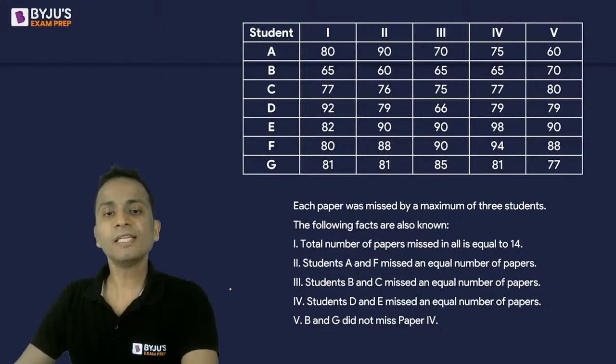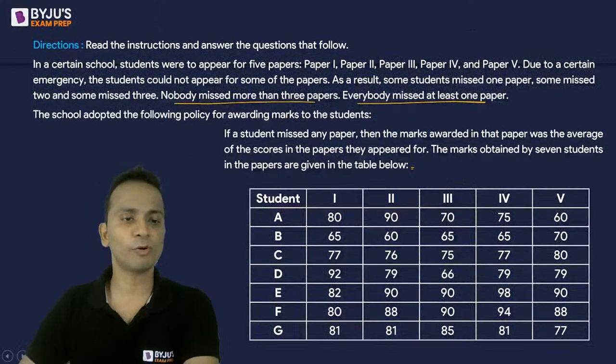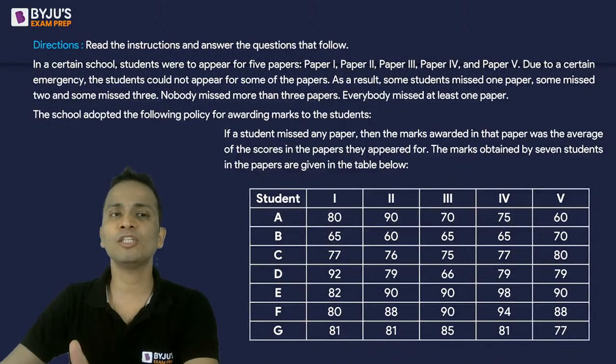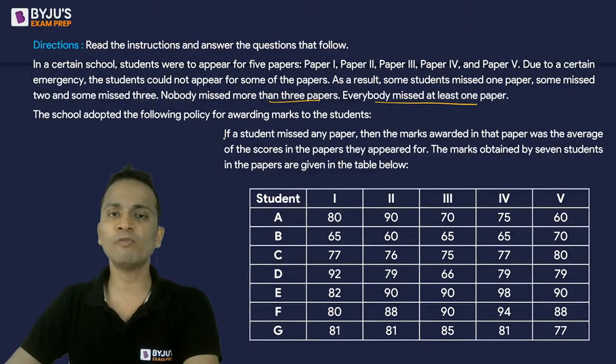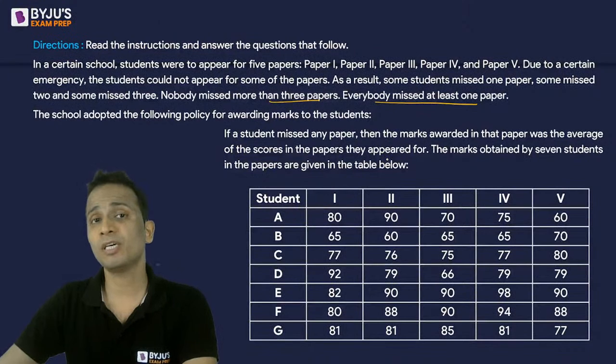All right, friends, let's start discussing this one. If I go back to the previous information, some of the students have missed some of the examinations. A student can miss one, two or three papers. Nobody will miss more than three papers, and everybody has missed at least one paper. If a student misses any paper, the marks awarded in that paper will be the average of the scores in the papers that student has appeared for.